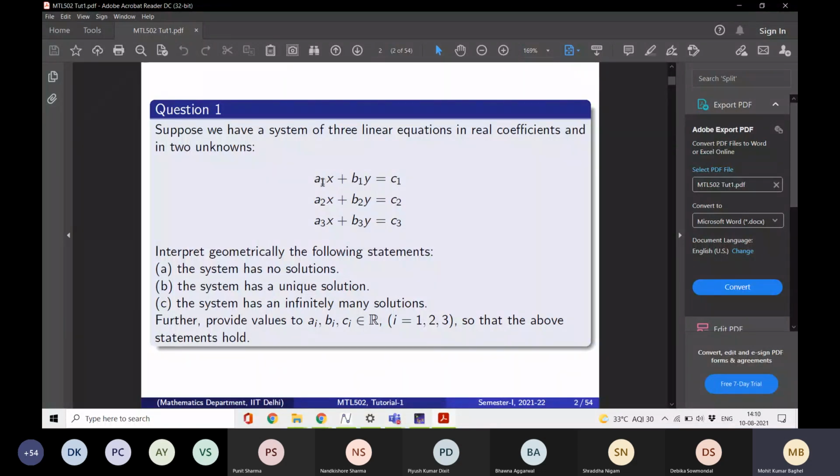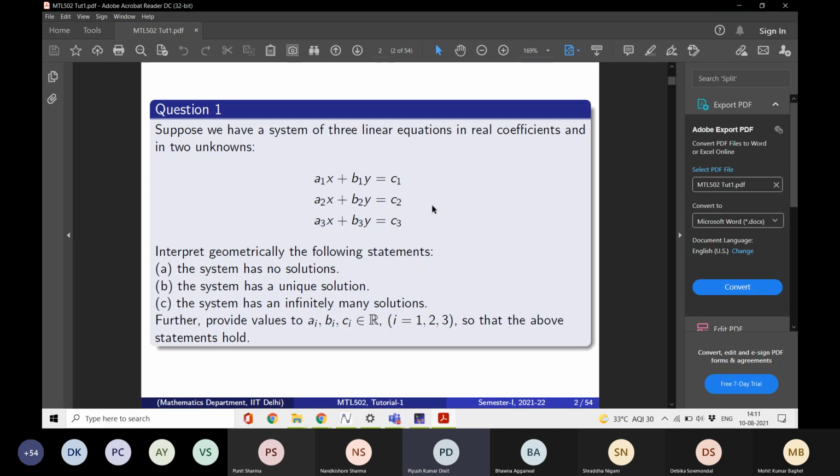Because it is a1 x plus, these are the equations of straight lines. Now for these three straight lines, what do you mean by a solution for this system of linear equations? So one student is asking, and I'm asking him. A pair which satisfies all three equations.